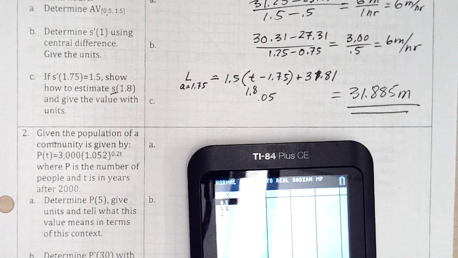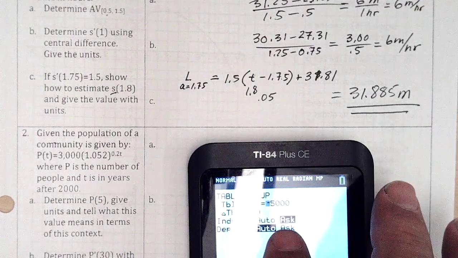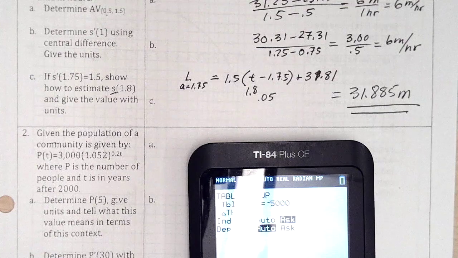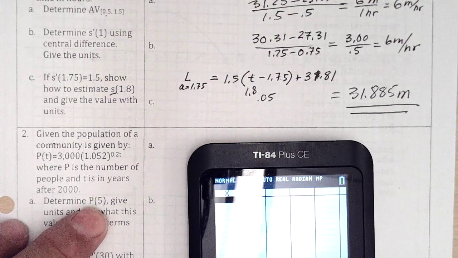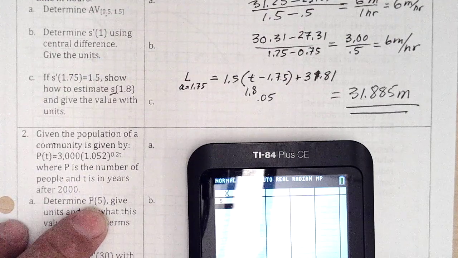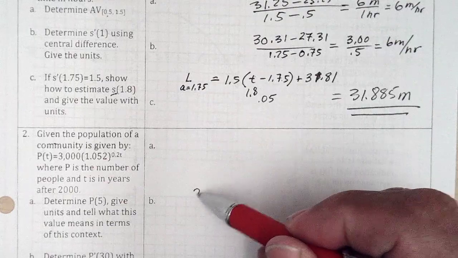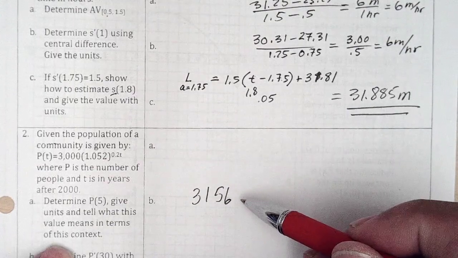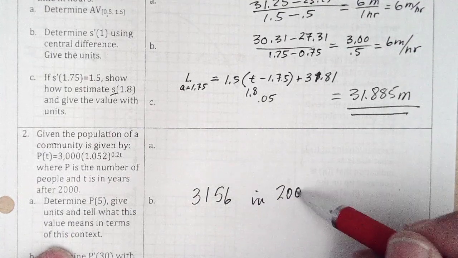I've got auto ask in the table set, on ask in the input. So on the table, I can just type in 5, and it tells me the population would have been 3156 in 2005.